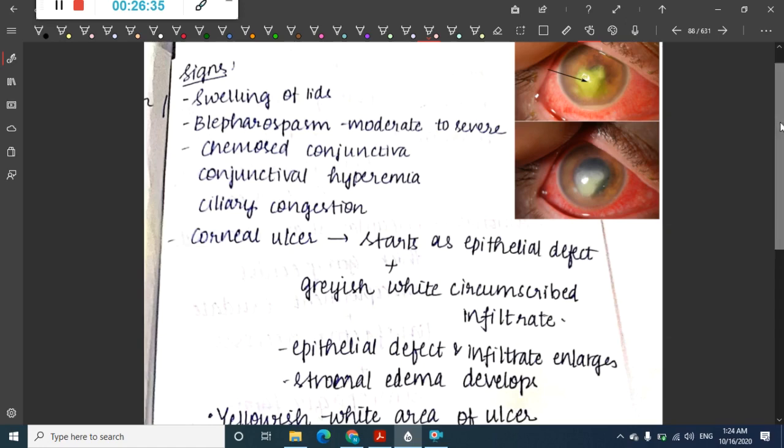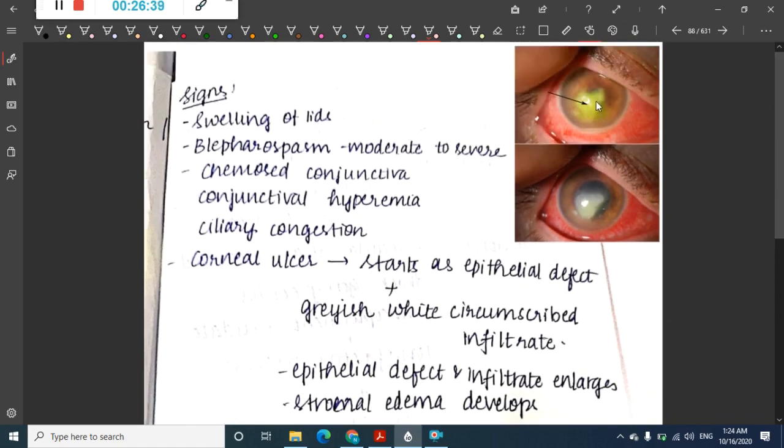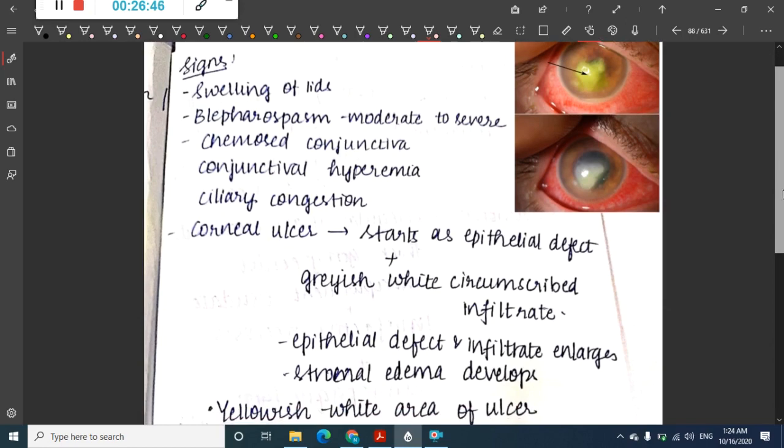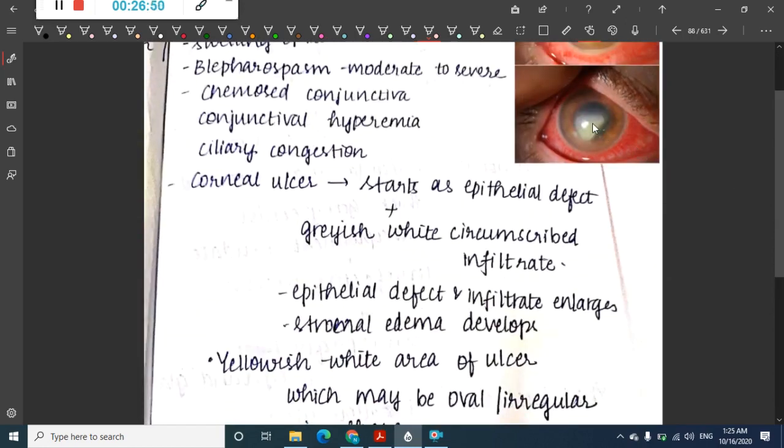So how is corneal ulcer seen? You can see here the corneal ulcer. You will see a grayish white circumscribed infiltrate with an epithelial defect, and the infiltrate enlarges, and this will even lead to stromal edema. The ulcer starts as an epithelial defect and progresses to a grayish white circumscribed infiltrate.